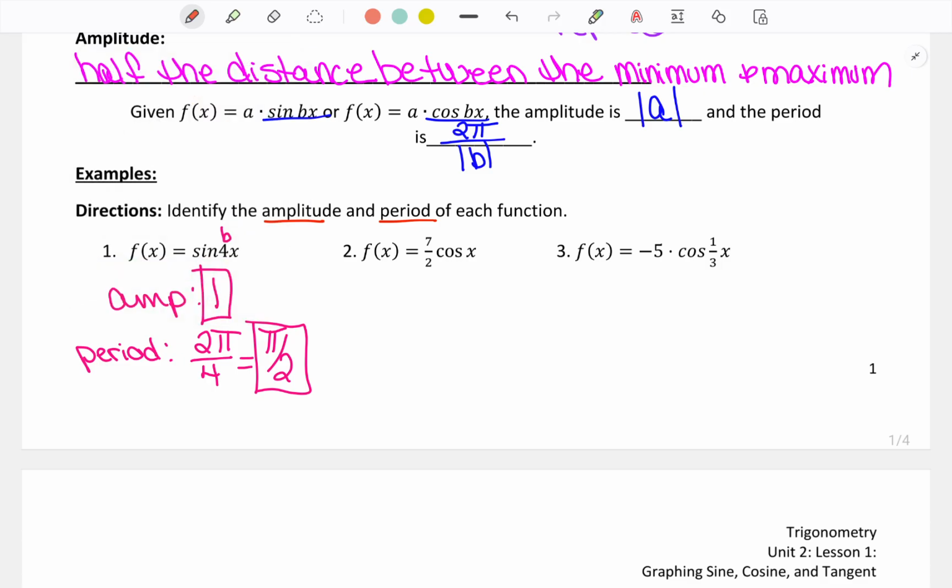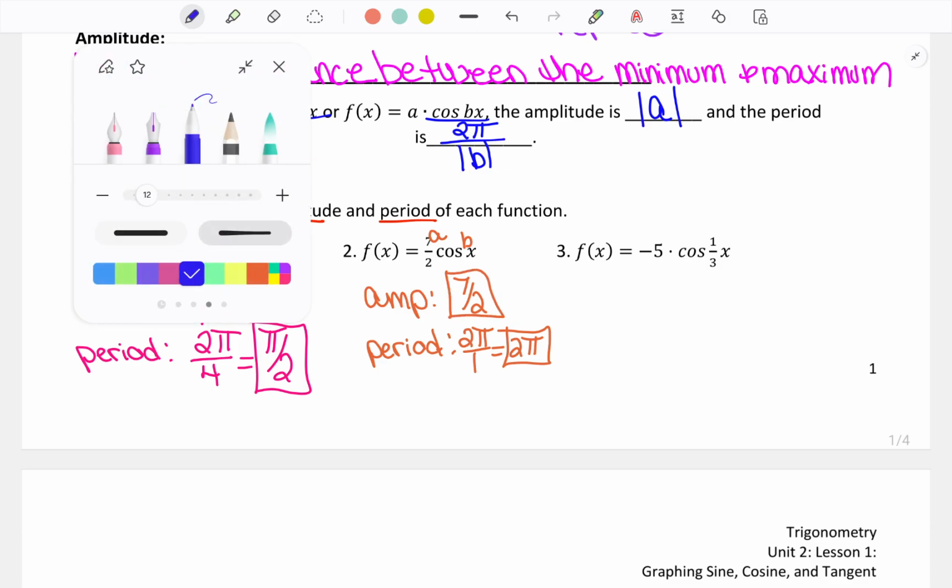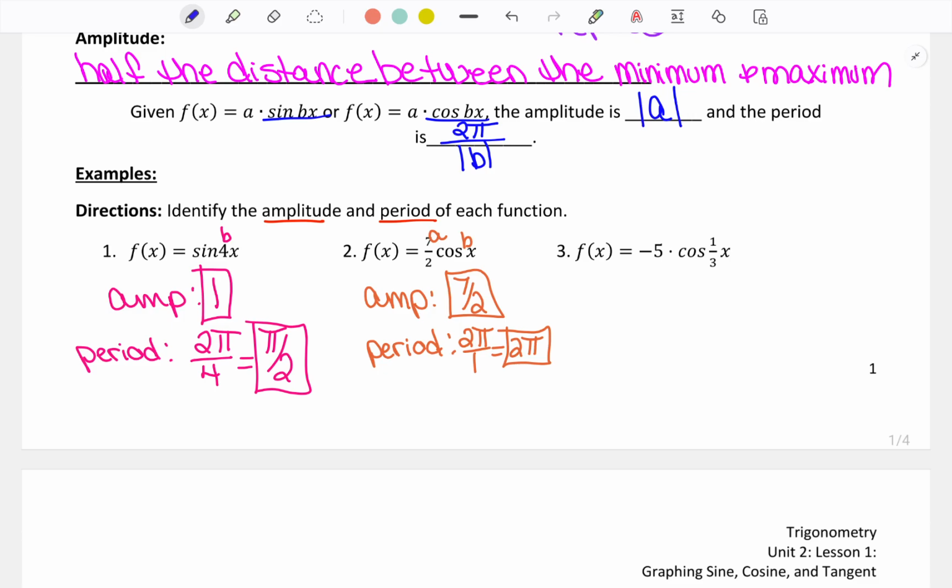So then on the next function, our amplitude is 7 over 2. And then our period, we don't have anything in place of b. So that's just 1. So it's going to be 2 pi over 1, which is 2 pi. And then on number 3, we do have our amplitude.